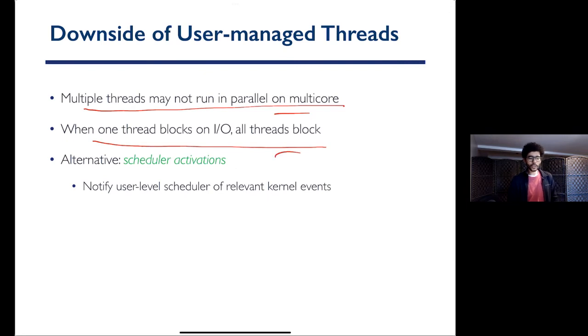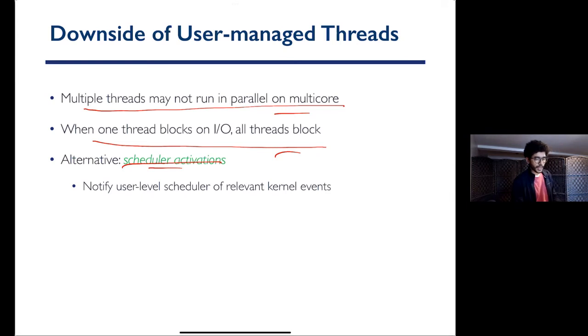Now there are ways to kind of make up for these. Again, I'm not going to go deep. I'm just going to give you a pointer. If you're interested, you can look it up. There is this initiative that got some traction called scheduler activations.